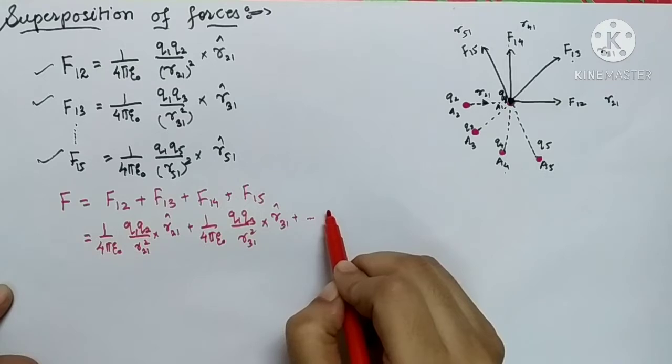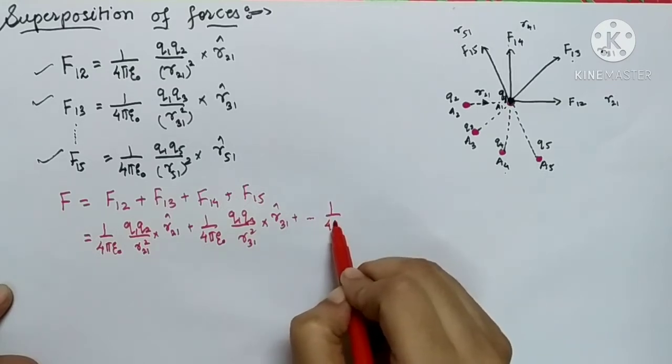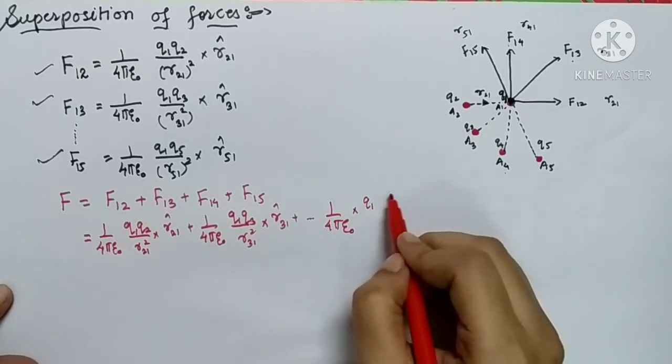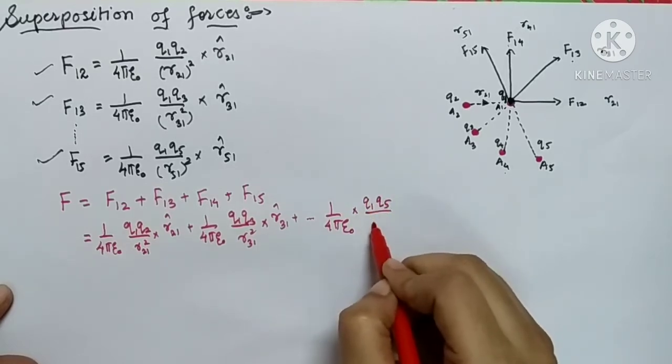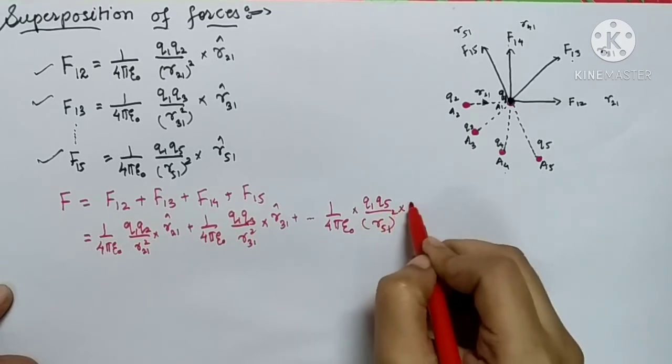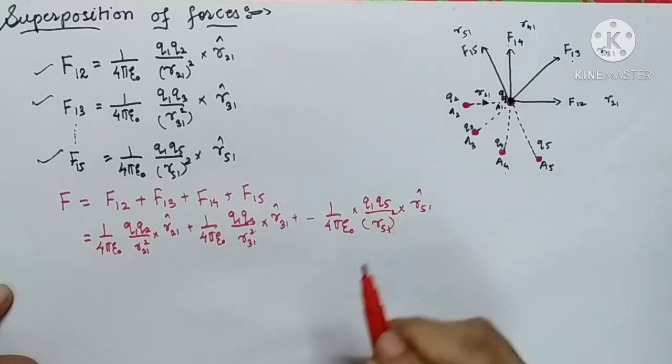I am writing it for the last one, which is 1 upon 4 pi epsilon 0 into Q1 Q5 upon R51 square into R51 hat.